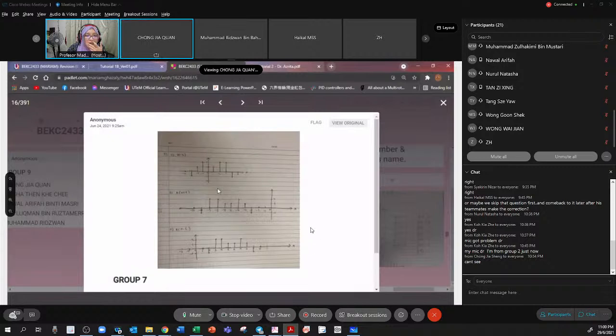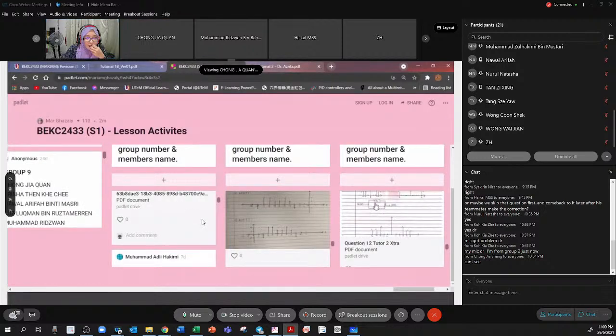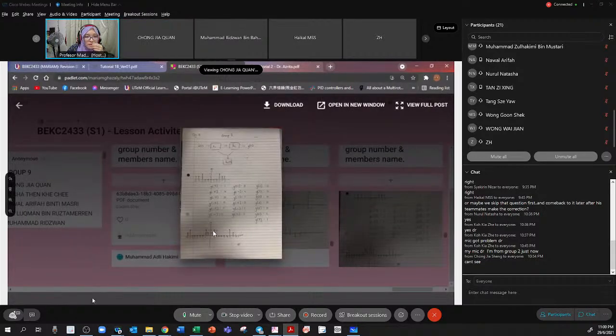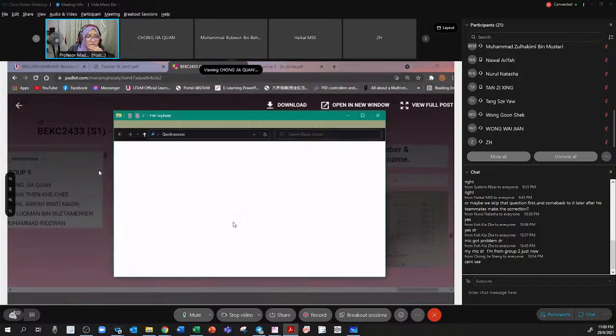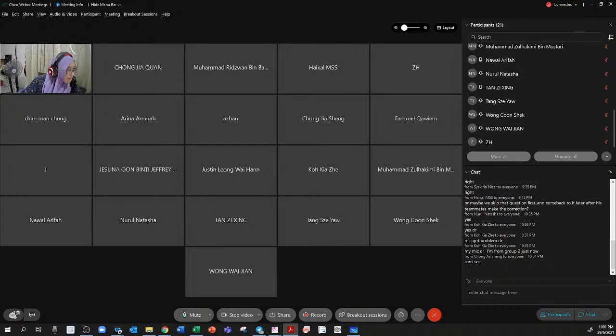Okay. Nampak tak? Boleh lah. Wait. Wrong question. Or if you have your original, the one that you scanned just now, you can open that. Ada. Tak payah Padlet lah. Padlet ni untuk the upload kan, but you can open the original one. Wait lah. Wait lah, I stop sharing first.